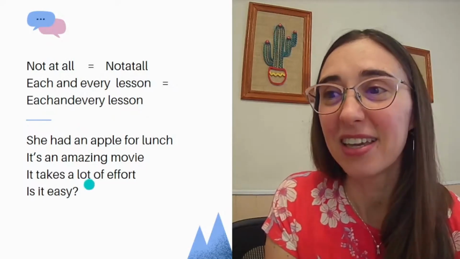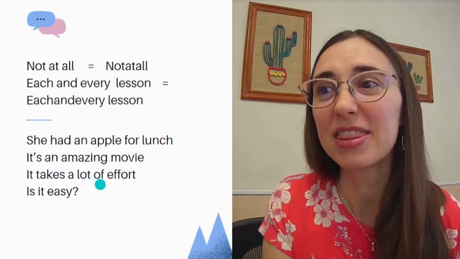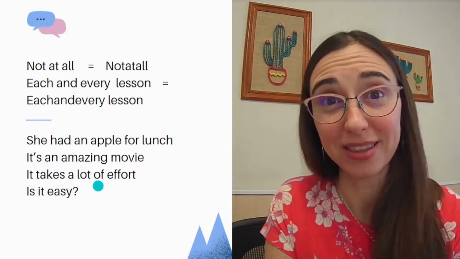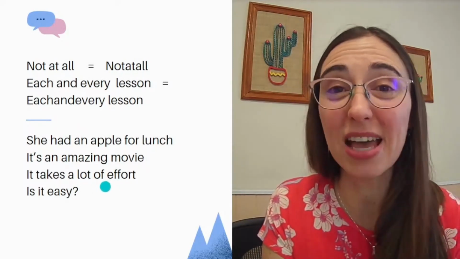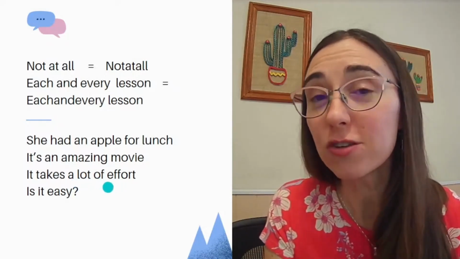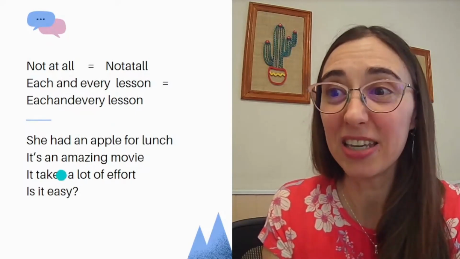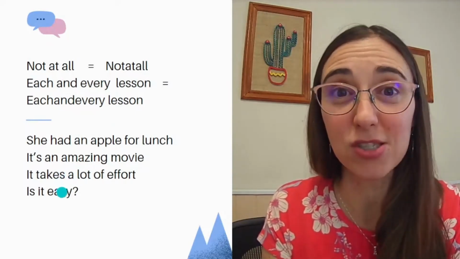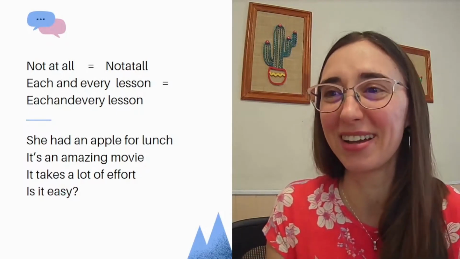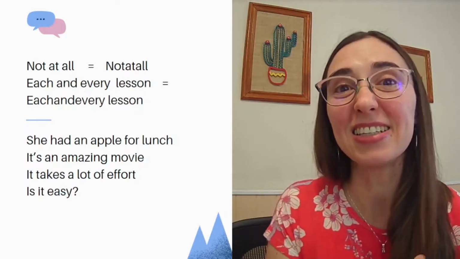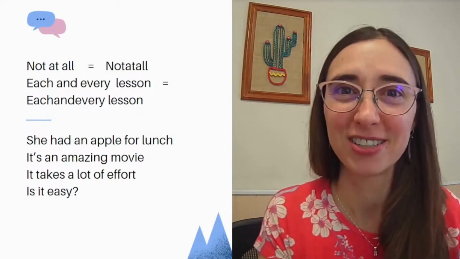And then here, "lot" finishes in a consonant sound with T, and then we have another vowel there. But that's not it. Look at these, again consonant and vowel sound. So "lot of effort" should be pronounced again in one go. And here, we should also link these sounds. So it should come out something similar to this. It takes a lot of effort. It takes a lot of effort.